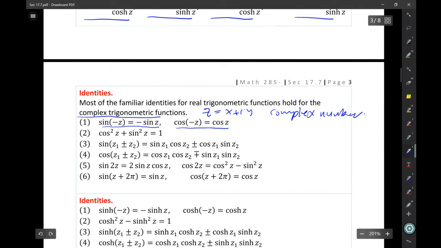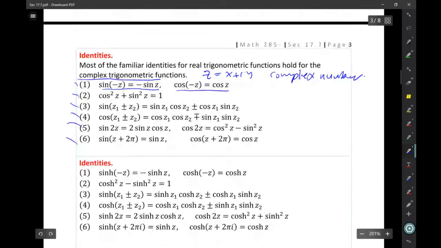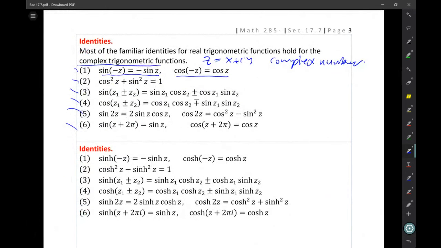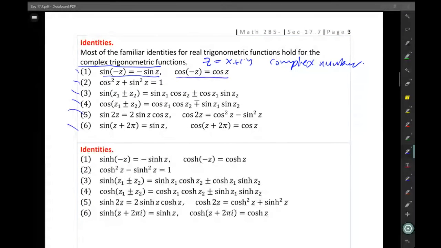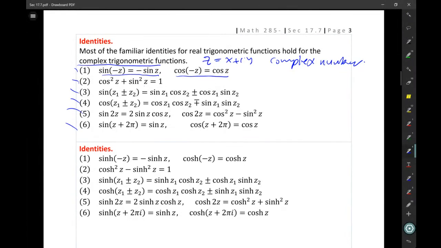Cosine squared z plus sine squared z is equal to 1, the same identities, and sine of z1 plus z2 is also the same. All of them are the same. All these identities will be given.